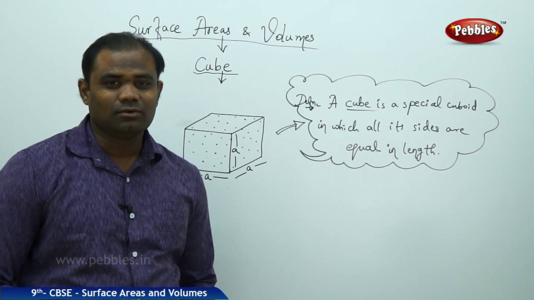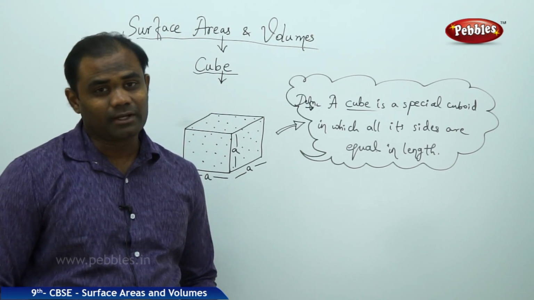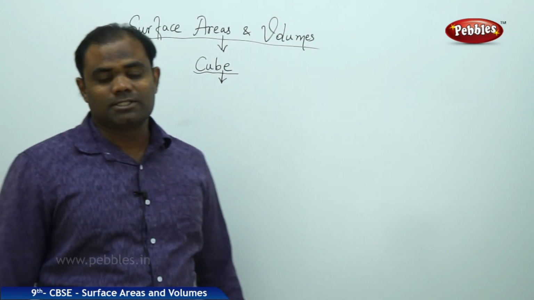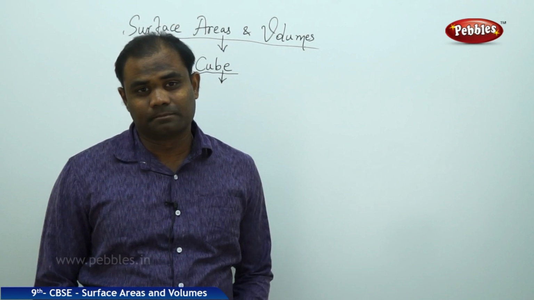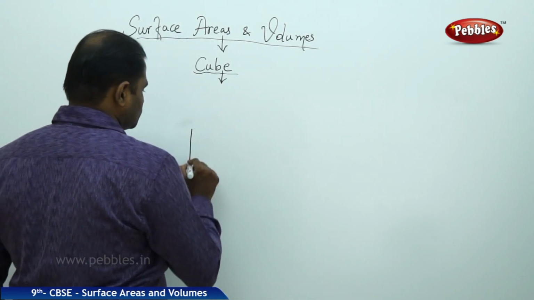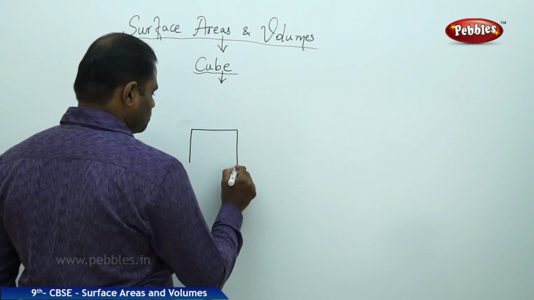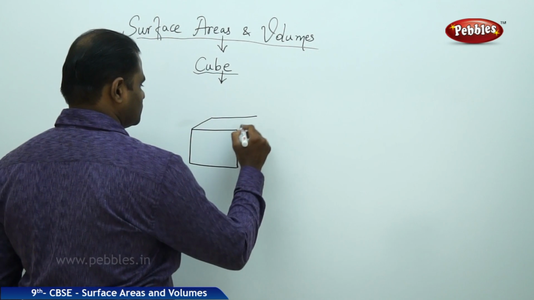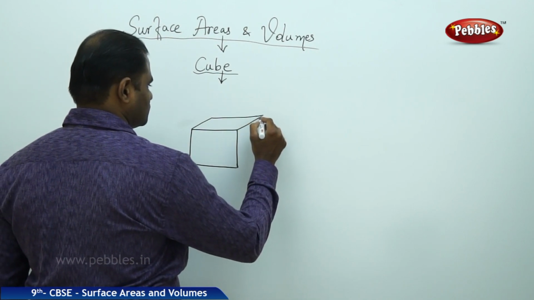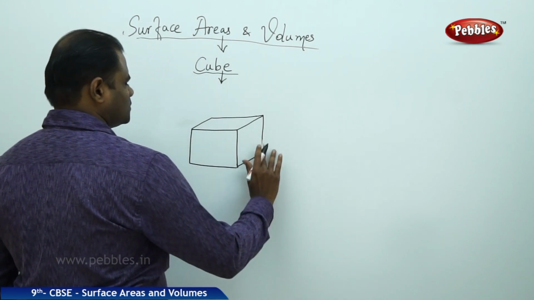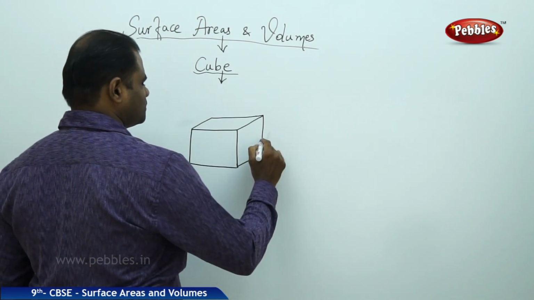Now let's see the surface area of the cube. So let's take a cube, as we have defined a cube to be a cuboid in which all its faces are equal. So here is the cube.